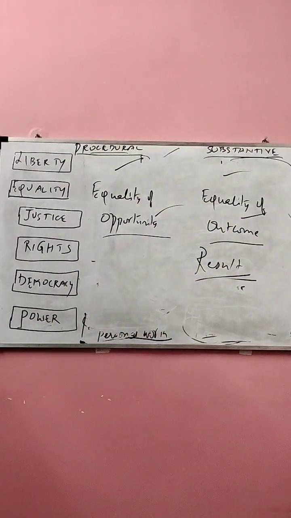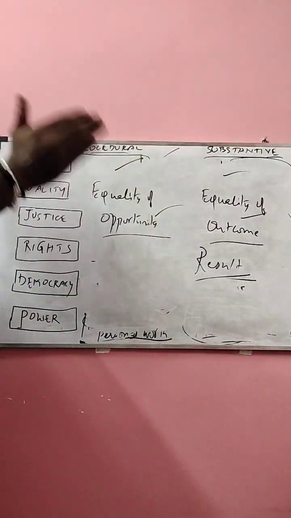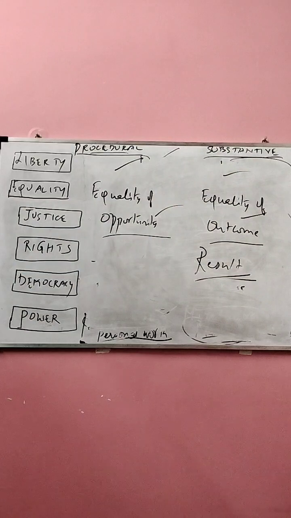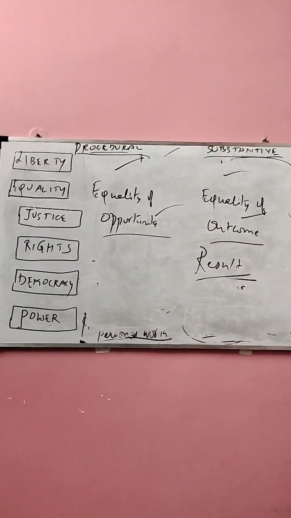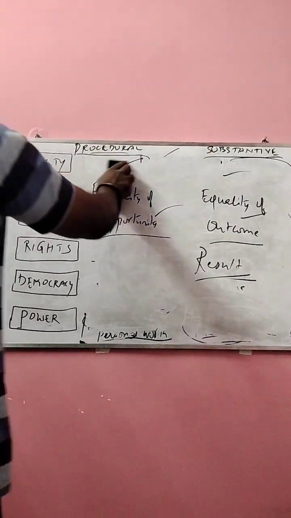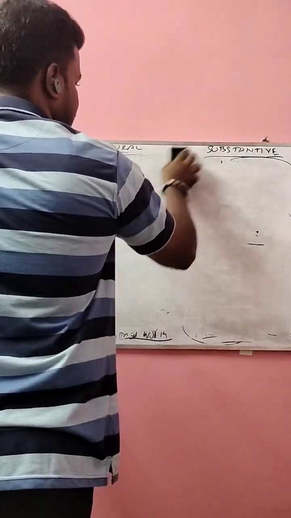So you have to study the individuals as a part of society. If certain individuals are backward, then it is the duty of the state to empower them. Got it, students? We will now study the important philosophies associated with procedural as well as substantive.